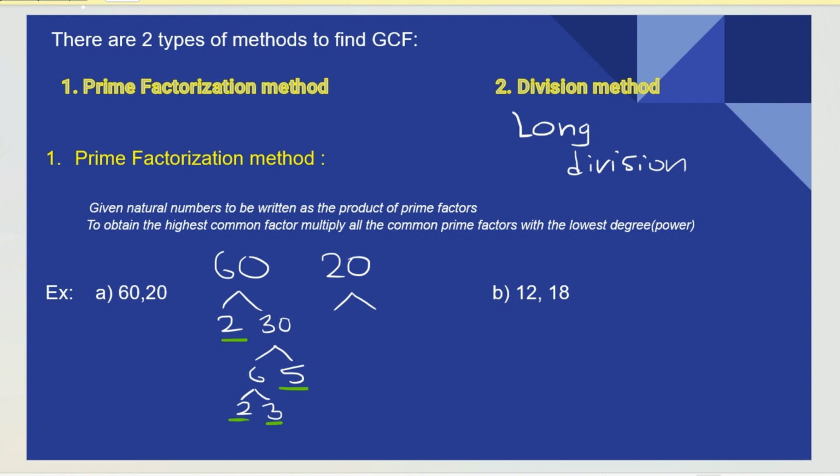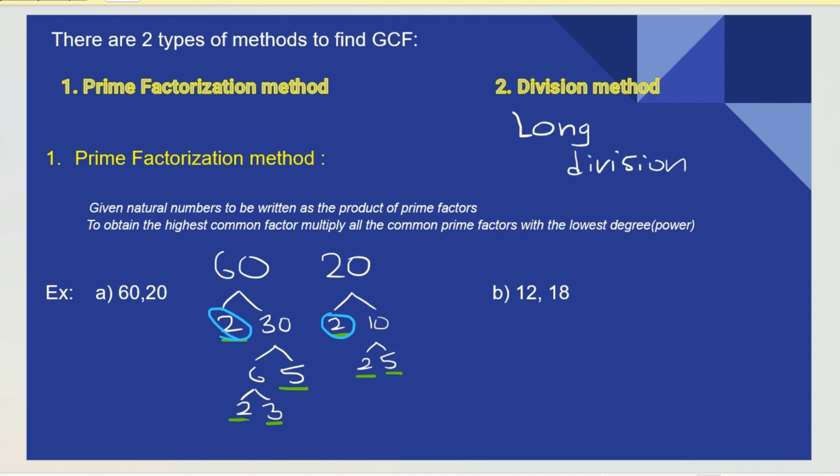So now let's move on to 20. 20 is 2 and 10. 10 can be broken up into 2 and 5. So now the prime factors that make 20 are 2, 2, and 5. Now I want to see what's in common. There's 2 and this 2, right?